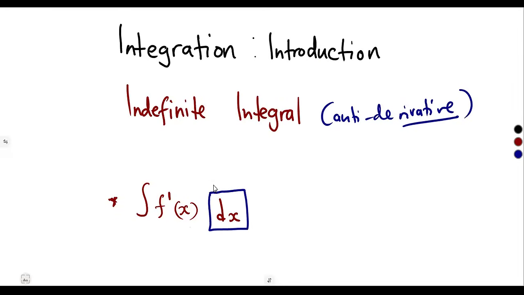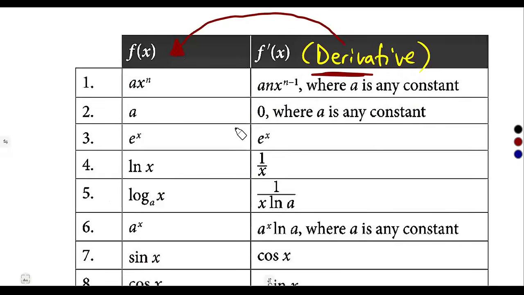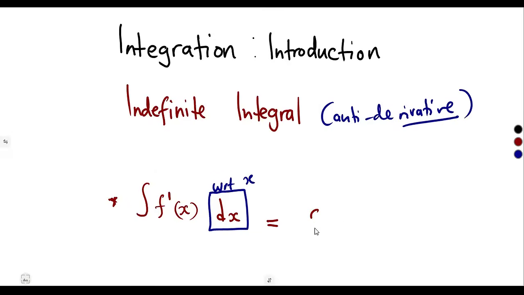It is supposed to give us the original function that we had, which is our f of x. If we integrate that derivative that we had before, we must get the original function, which is our f of x.